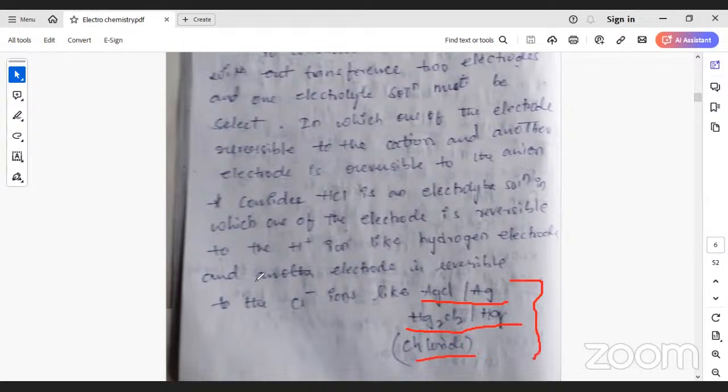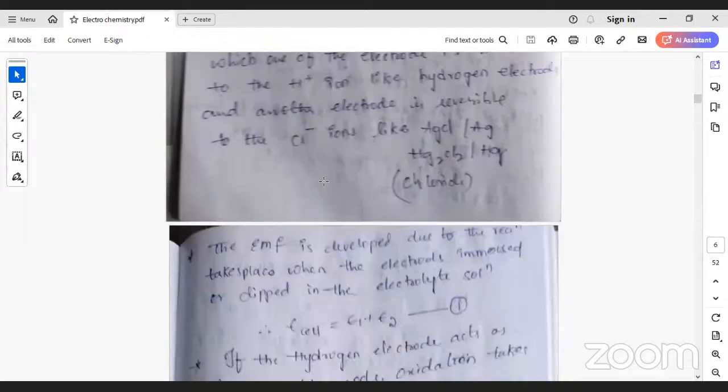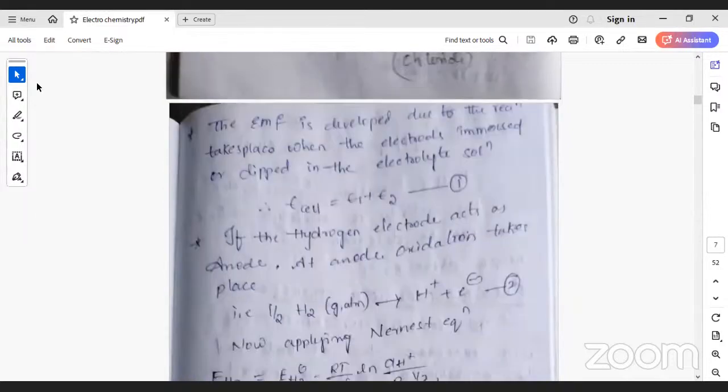So we have to select HCl as the electrolyte solution, and one electrode is the hydrogen electrode and the other electrode is the chloride electrode, right? Therefore the EMF is developed due to the chemical reactions taking place when electrodes are dipped in the electrolyte solution.